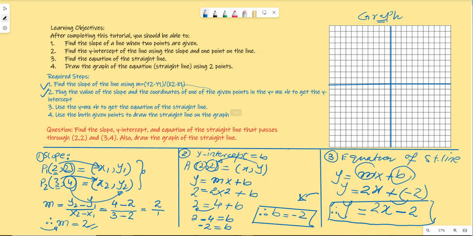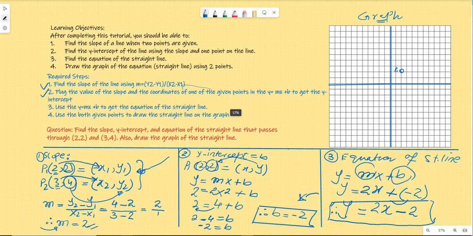The first point is x1, y1. So x1 is 2 and y1 is 2: 1, 2 and 1, 2. This is our first point, P1.